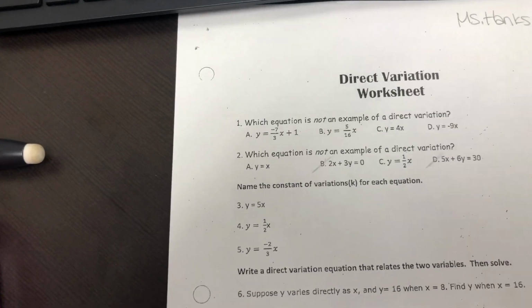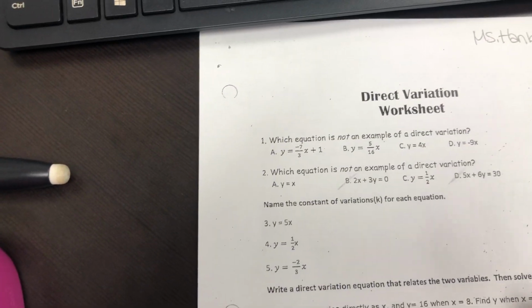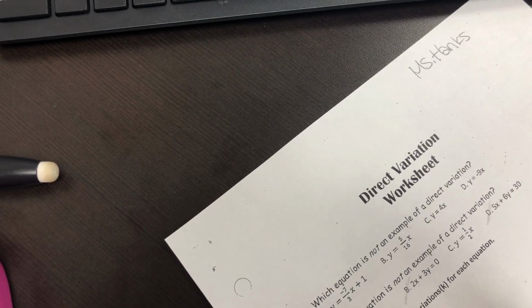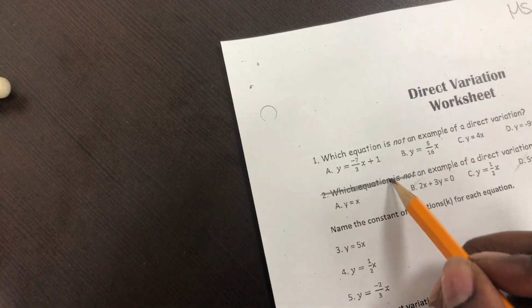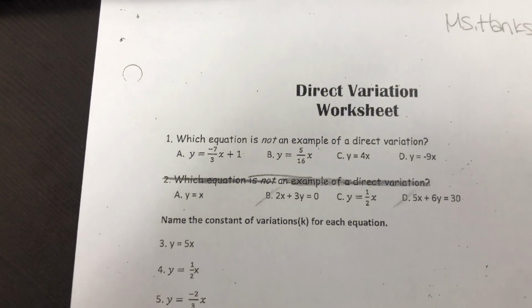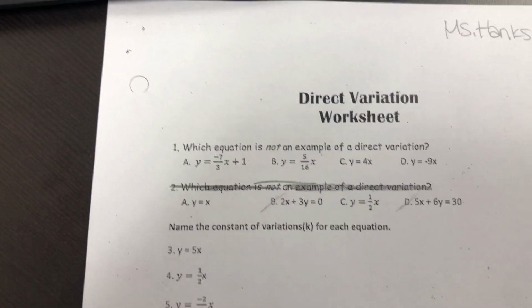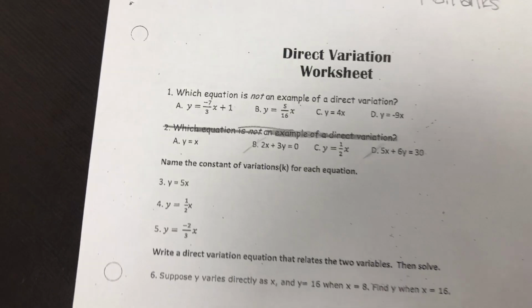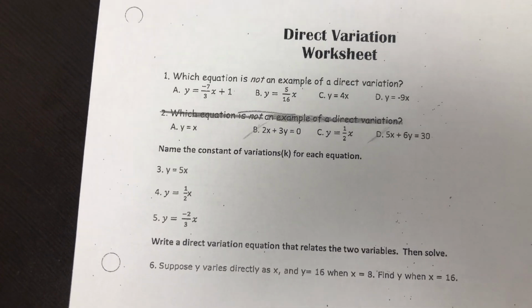Then on number 2, you can just cross number 2 out. We're not going to worry about that. But number 1 is really similar to the same question on our slide.